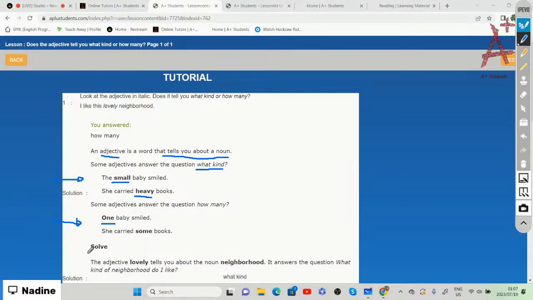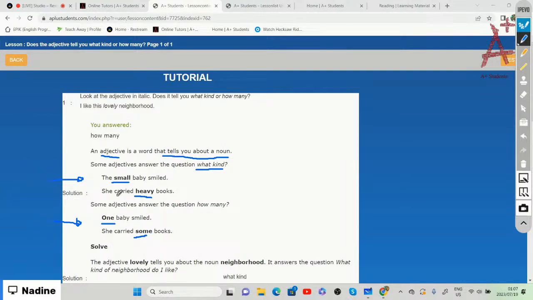All right, then our next one is she carried some books. So some is the adjective that tells us how many books she carried. They're not specifically saying that she carried 5 books or 10 books, right? They are just telling us that she carried some books, and some is the adjective that tells us how many.